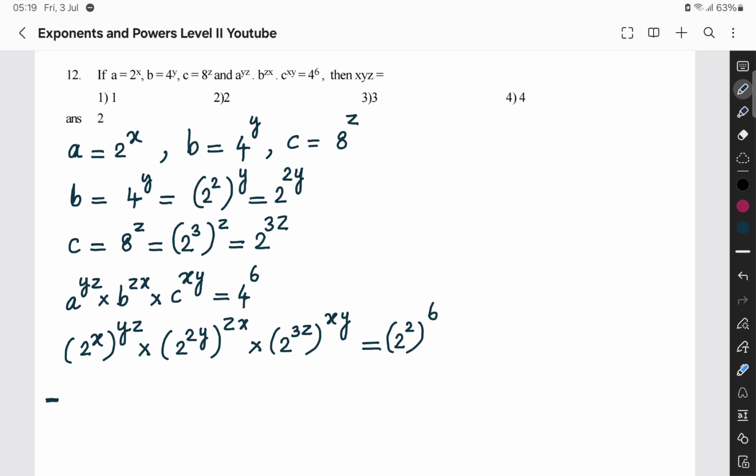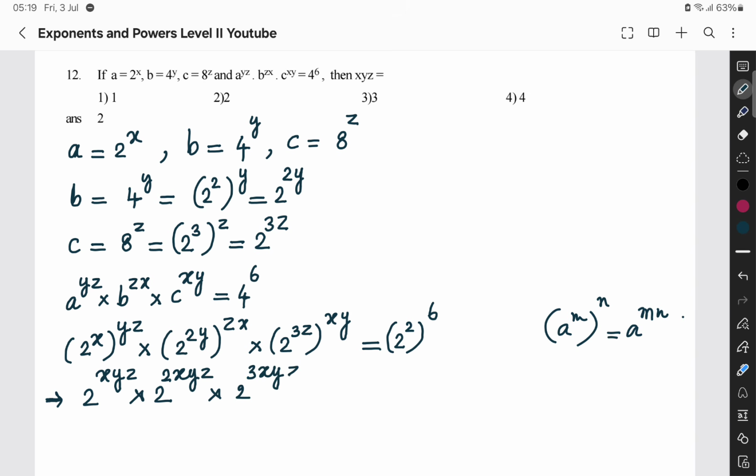So, in the next step, by using a power m whole power n equal to a power mn, I can write this as 2 to the power of xyz into 2 to the power of 2xyz into 2 to the power of 3xyz equal to 2 to the power of 12.